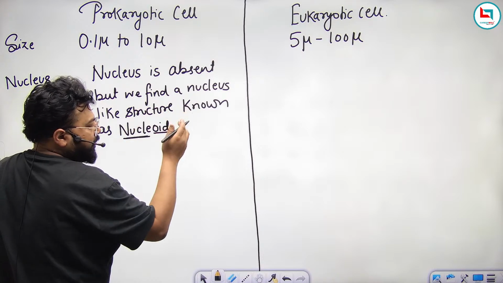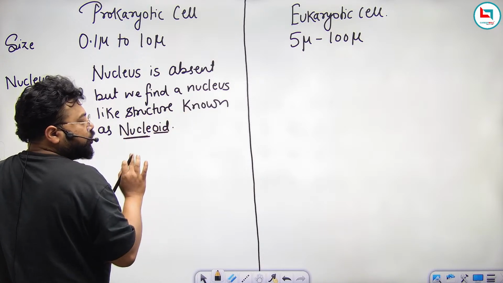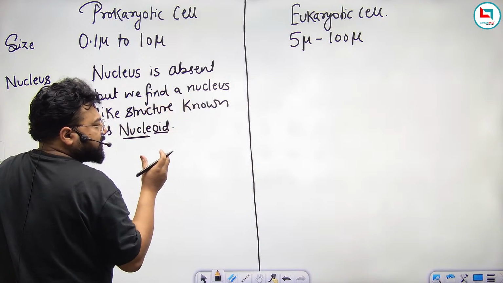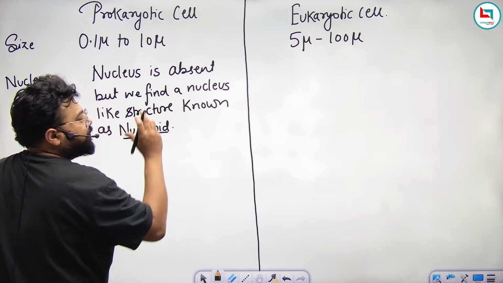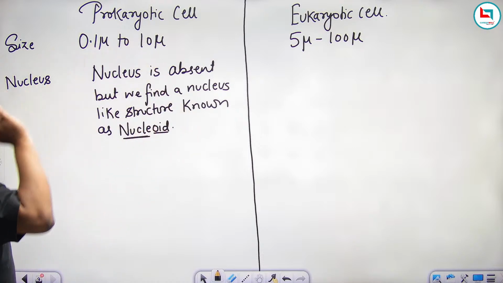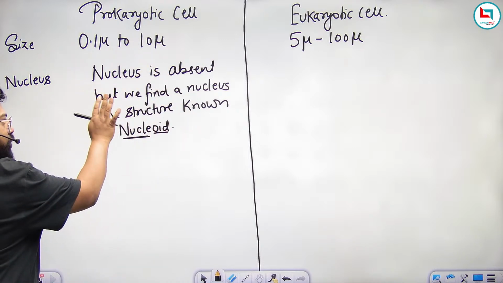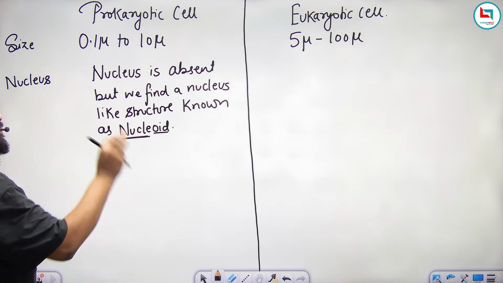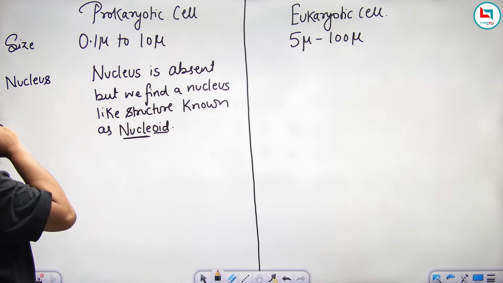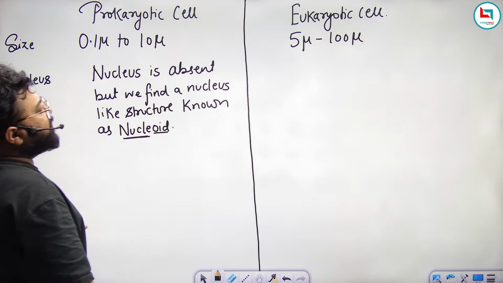Like cuboid, cube-like structure. Rhomboid, rhombus-like structure. Spheroid, sphere-like structure. Nucleoid, nucleus-like structure. So the actual nucleus is absent, but we find a nucleus-like structure which works as a nucleus, and this structure is known as the nucleoid.